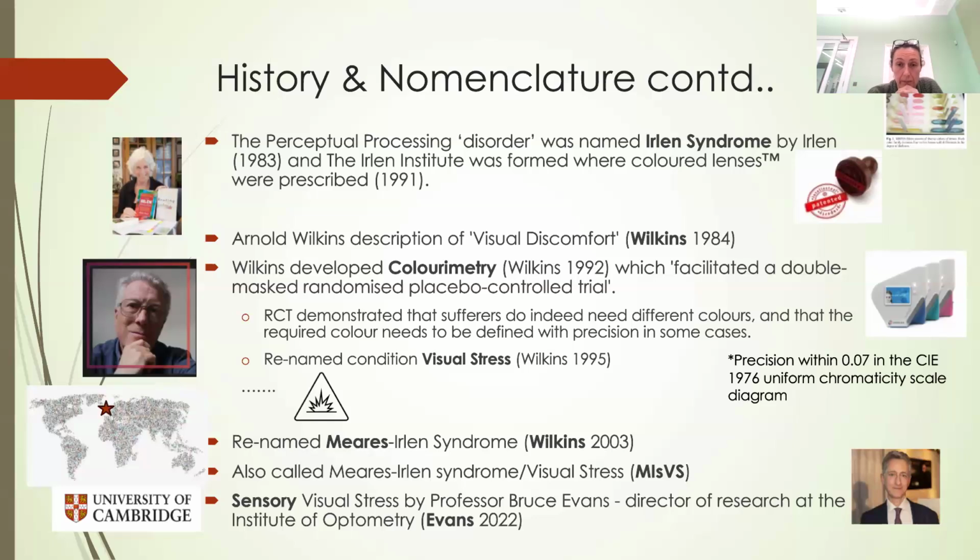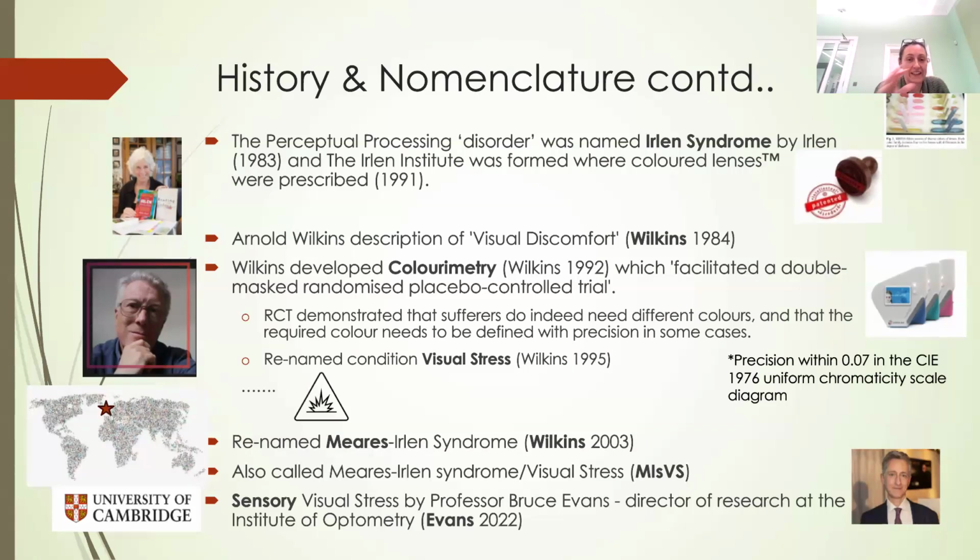He then developed the colorimeter, the machine I mentioned earlier, in 1992, and carried out a double-masked randomised placebo-controlled trial. He demonstrated that sufferers do indeed need different colours, and that the colours need to be defined with precision in some cases. He renamed the condition visual stress.